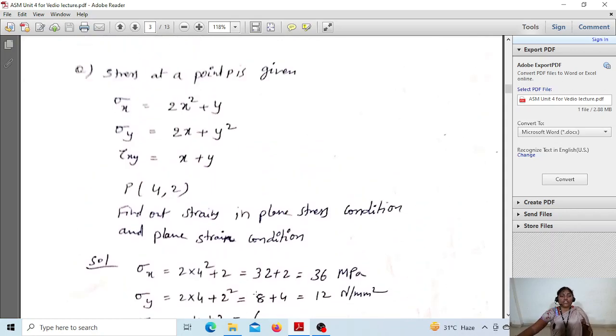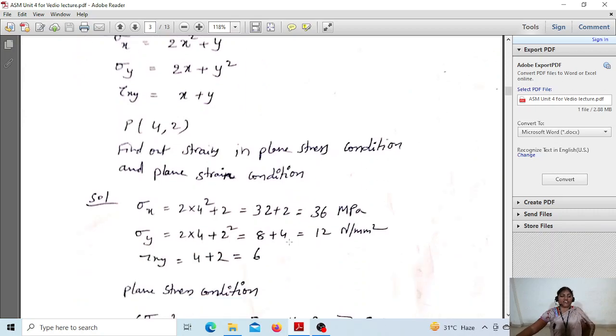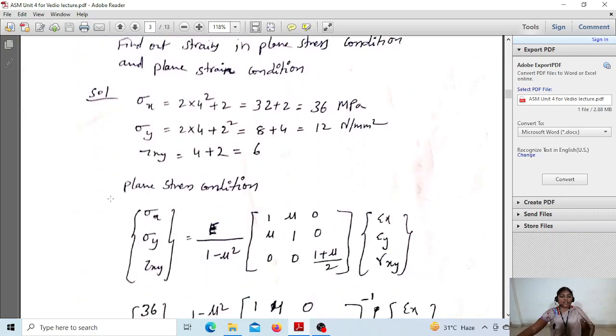Now what is asked in the question? Stress at a point is given. You have to find strains in plane stress condition and plane strain condition. Now let us take plane stress condition. Already you know this equation: sigma x, sigma y, tau xy is equal to E by 1 minus mu square times the matrix 1, mu, 0; mu, 1, 0; 0, 0, (1 plus mu) by 2, times epsilon x, epsilon y, gamma xy.